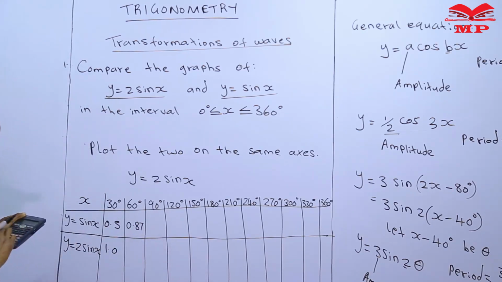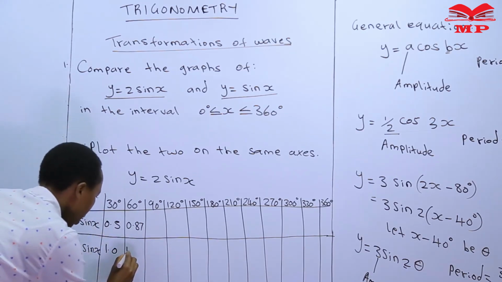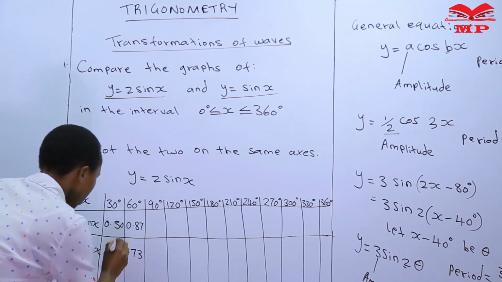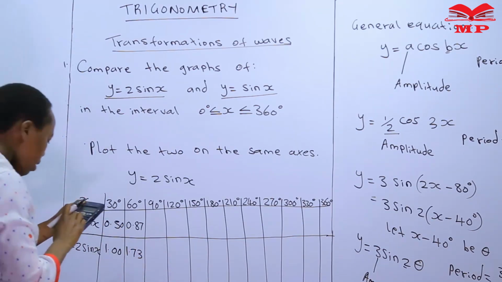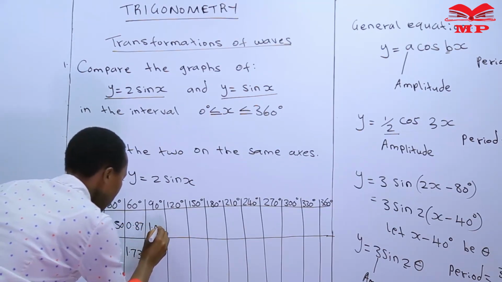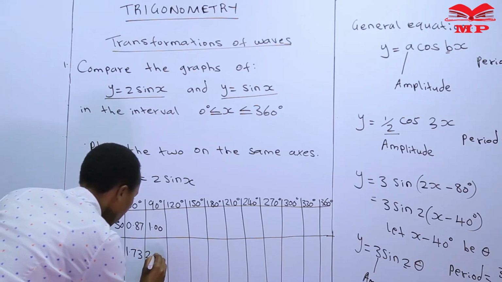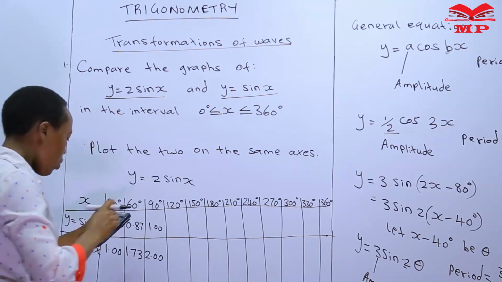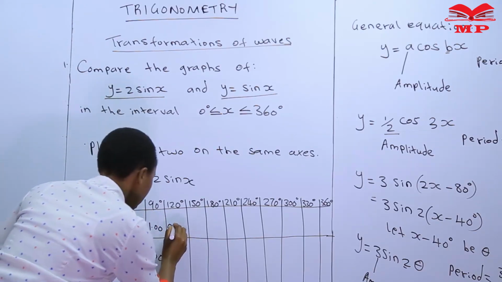So when we multiply that by 2, we get 1.73. We ensure that it is also in 2 decimal places. Then we have sine 90, which is 1.00. We multiply by 2. Then we have sine 120, which is again 0.87.